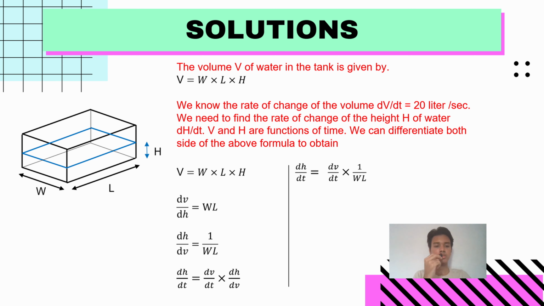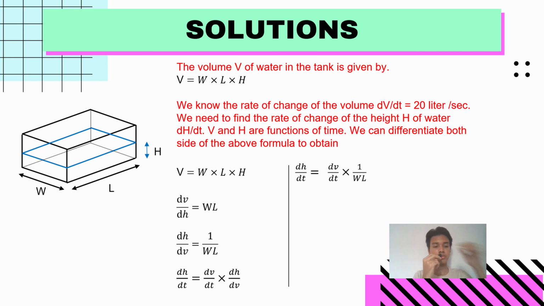So first of all, we need to differentiate the formula given, and we get dV over dH equals width times length. Next, we invert dV over dH into dH over dV, so we can substitute into the chain rule formula, which gives us 1 over width times length.